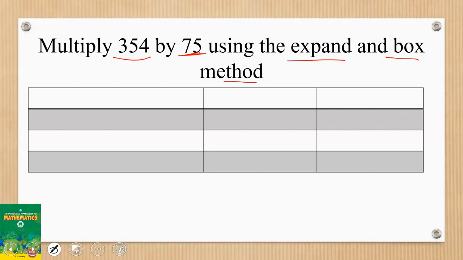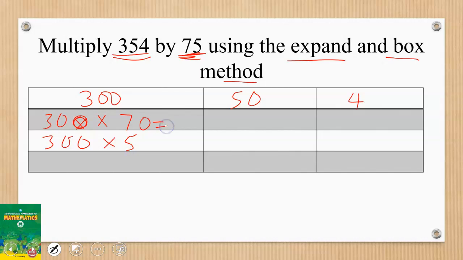So 354 can be written as 300 and 50 and then 4. These together will give us 354. Now we have to multiply this 300 by 75, which can also be 70 and then 5. So again, the 300 again by also 5.